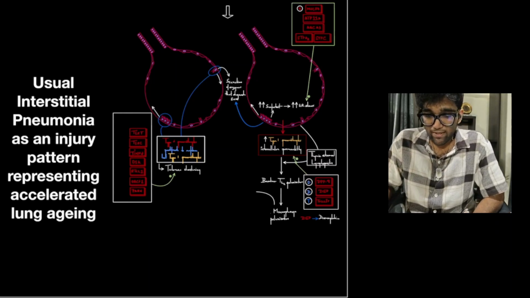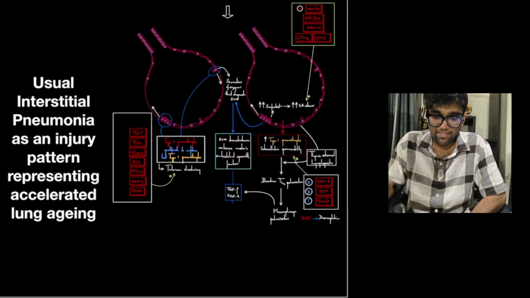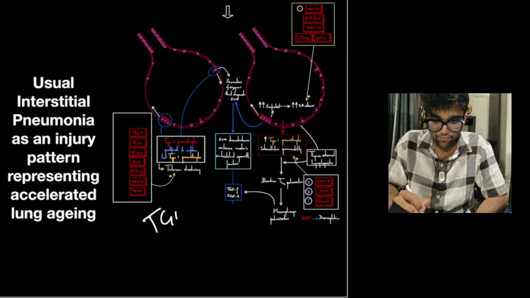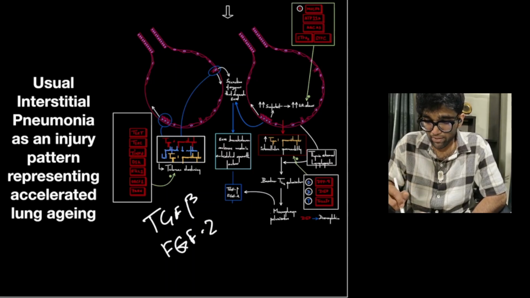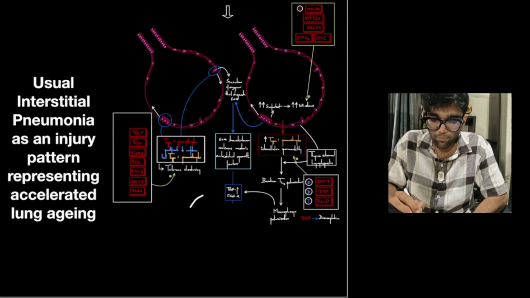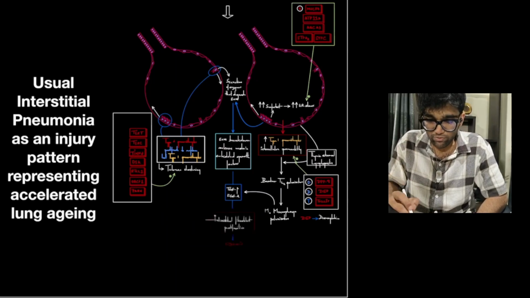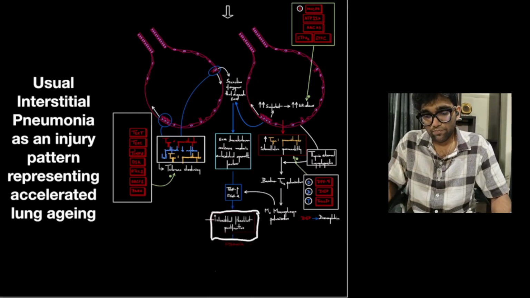So finally, what ends up happening is the extracellular matrix breakdown releases two matrix embedded growth factors, that is TGF beta and basic fibroblast growth factor, or FGF2. These end up activating local fibroblasts that are embedded in the matrix around the alveolus. So this results in interstitial fibroblast proliferation and fibrosis.